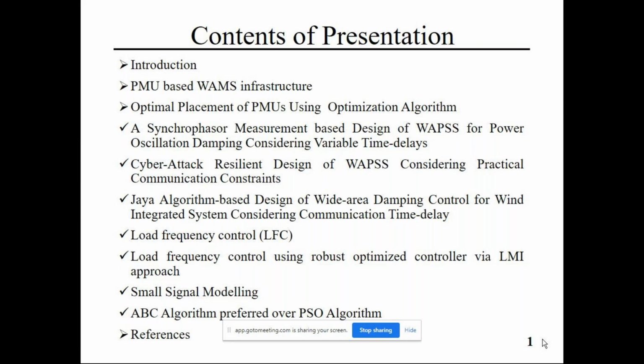That means some states are measurable, some states are redundant, some states are also obtained by some estimation techniques, and all the information, whether it is from the local end or from the SCADA, with the hybrid, that means SCADA and PMU both, comes in. So that means at the control center, in order to make a particular decisive action, we have adequate data.